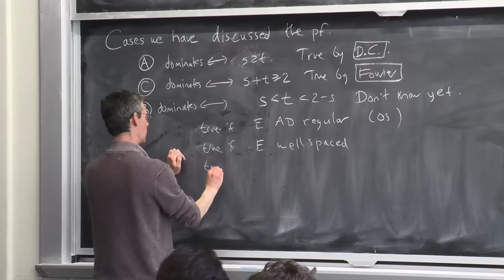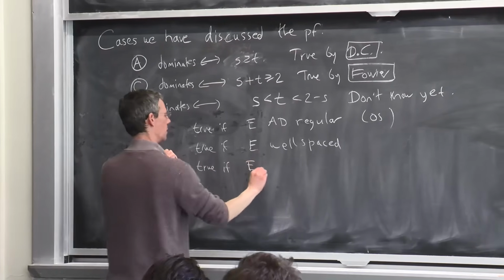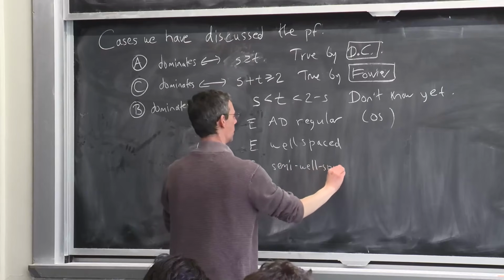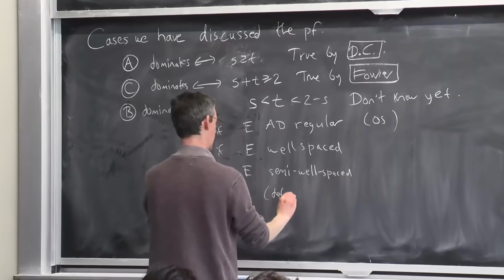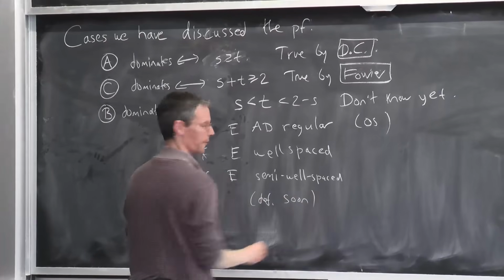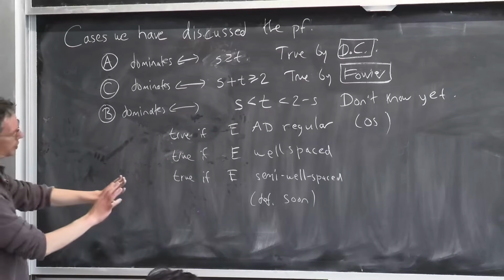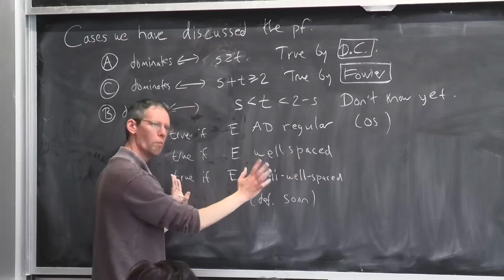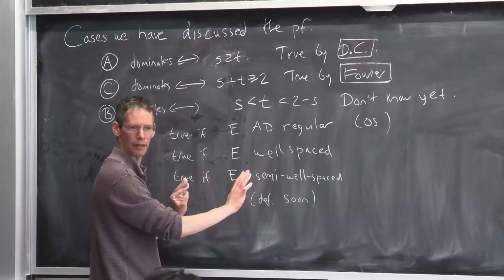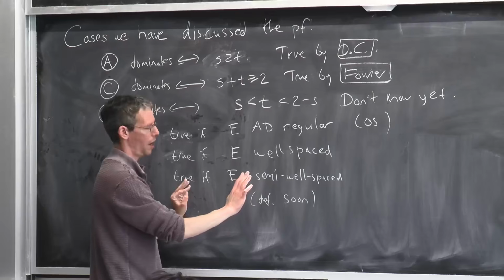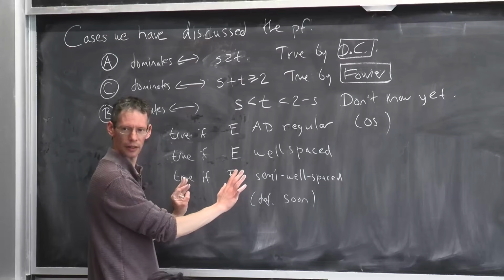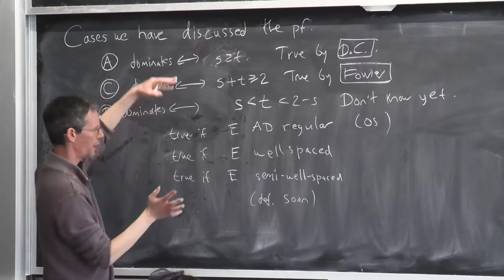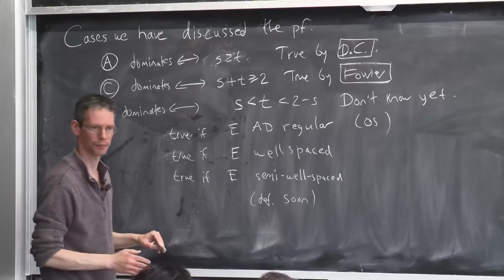They proved that it's true if E is something called semi-well-spaced, which I will define soon. It's a mild generalization of this. The proof is a little more complicated, but it's similar ideas to what I showed you. It doesn't distinguish R from C. It's the same tools that I showed you. And then the really important thing is how to put all these things together.